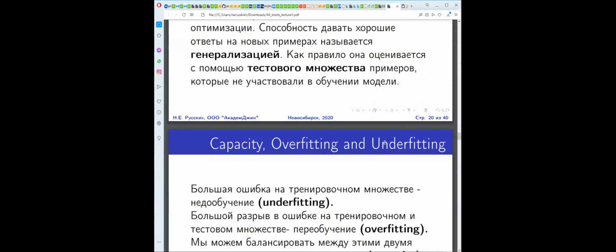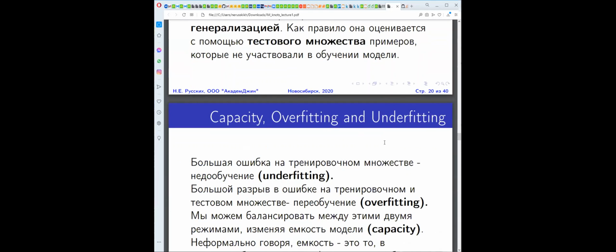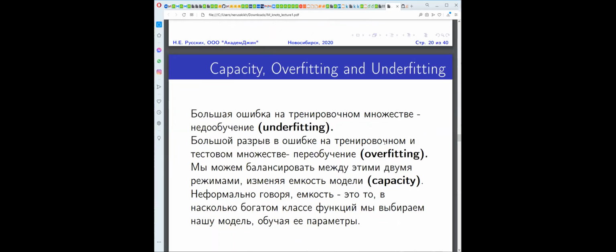We might get different outcomes in this setting. We might get a high error on the train set. This is called underfitting: we took too small a function class to search parameters in.